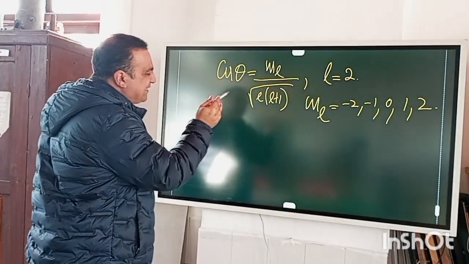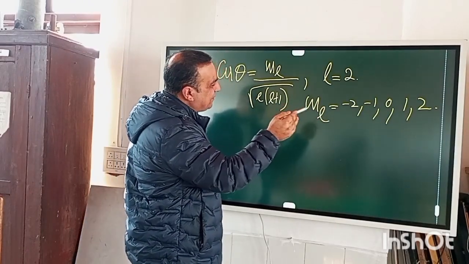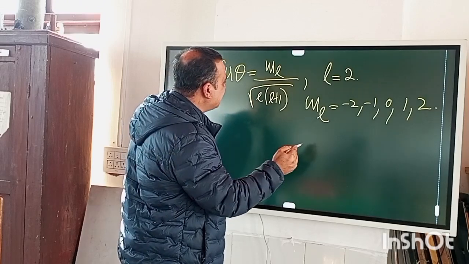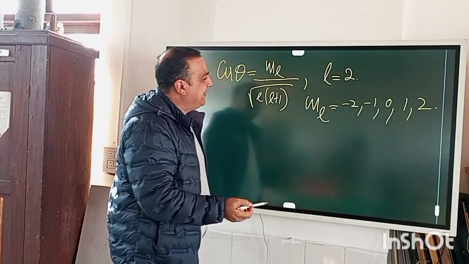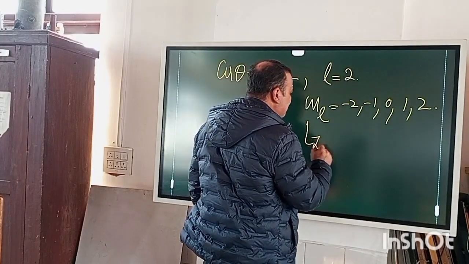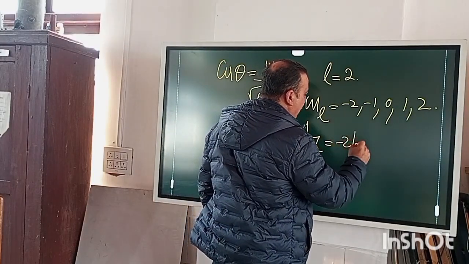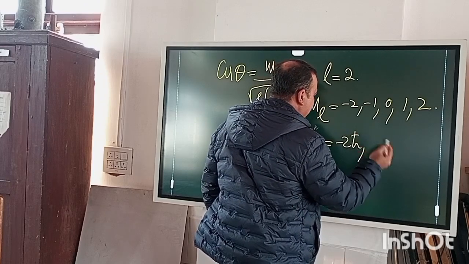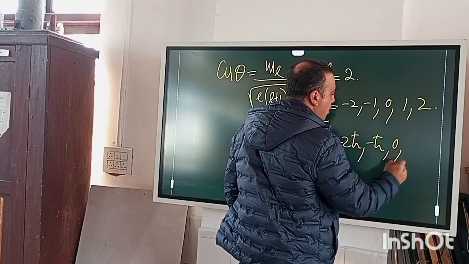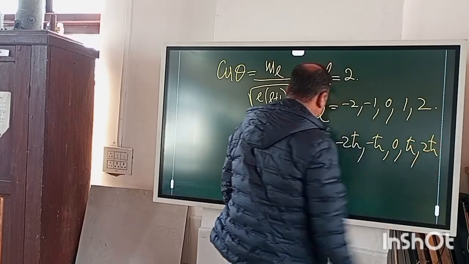So these will be the discrete values of ml. And these discrete values of ml are a result of the magnetic field that we are applying in the z direction. So what will be Lz? Lz will be minus 2h bar, then minus h bar, 0, h bar, and 2h bar.